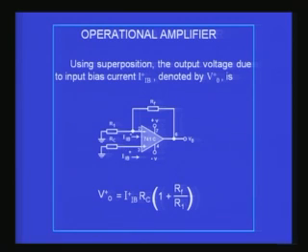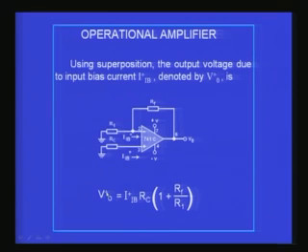Then you bring in the other current, assume the first current is not existing, and calculate the output voltage. Then you perform an algebraic addition of these two voltages by superposition theorem, which gives you the total effective output voltage due to both the bias currents.